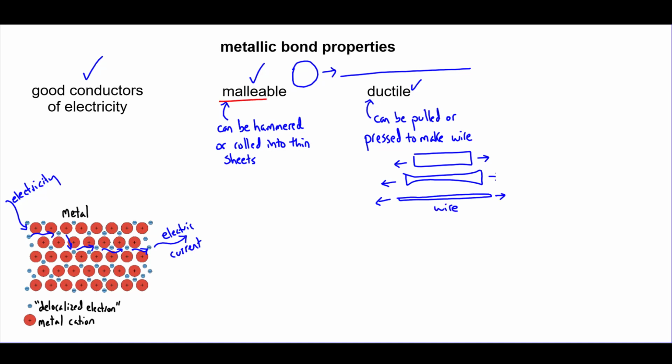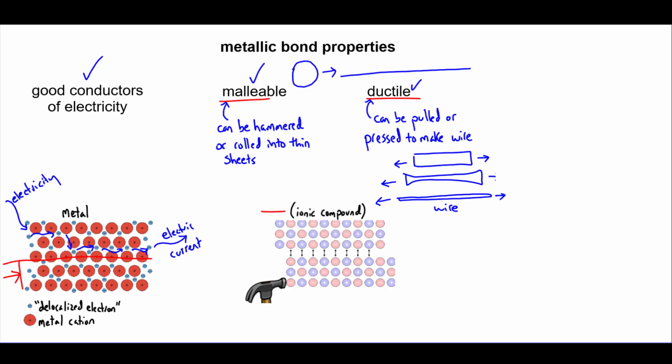Now, both of these properties, malleable and ductile, are because of these delocalized electrons. If you were to apply pressure and push on these particles down below, they can just slide past each other because those delocalized electrons allow all of the ions to flow around each other without breaking.